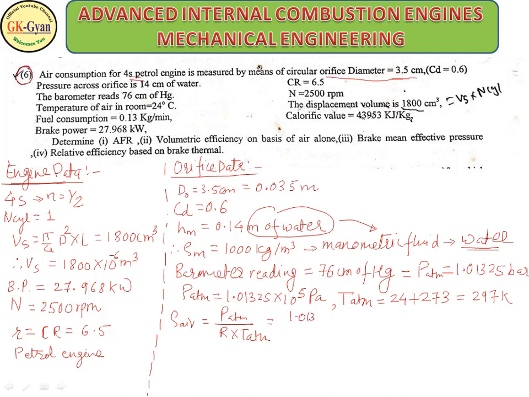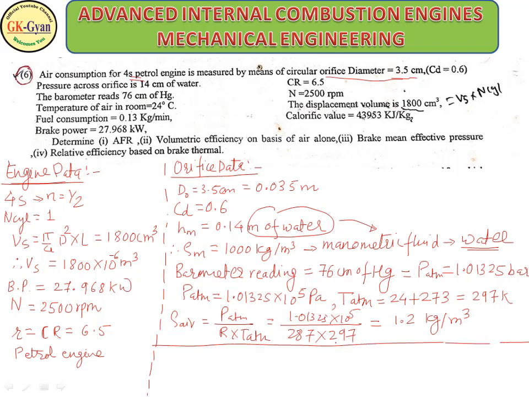So 1.01325 into 10 to the power 5 divided by 287 into 297, which is nearly 1.2 kg per meter cube. So this is the orifice data.